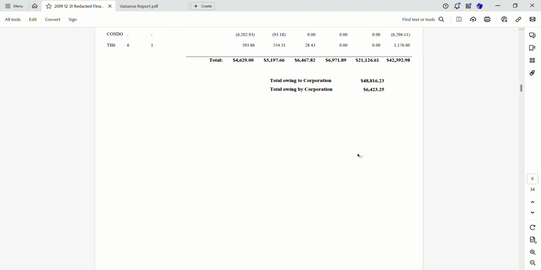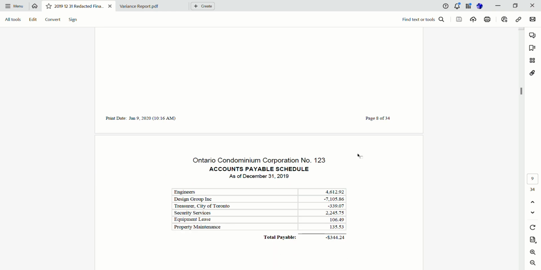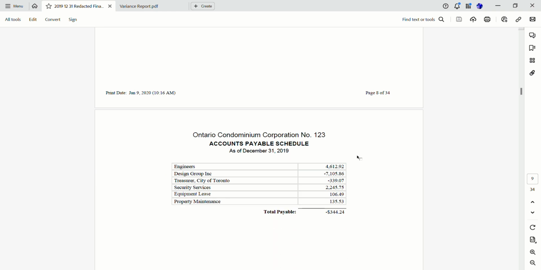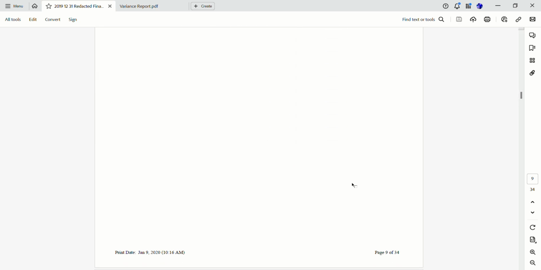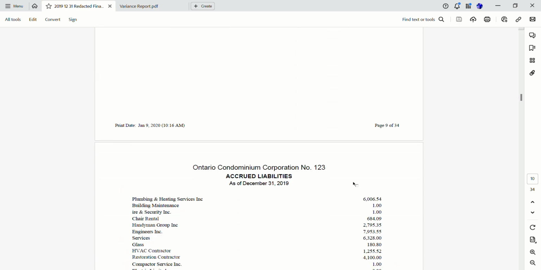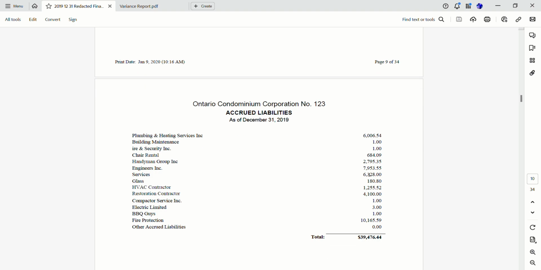And when we keep moving forward, we can see the account payable schedule. The total payable is negative $344.4. For the accrued liability, I would like to give you an idea of how it is different from the total account payable.